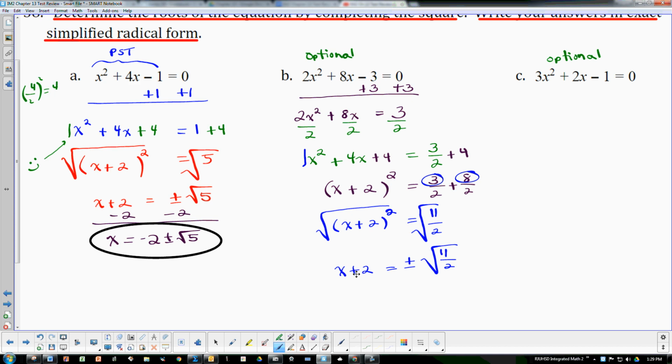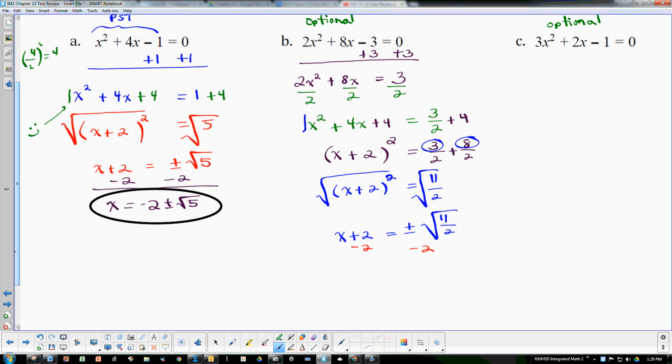But we've got to get this x alone, so let's subtract 2. And we're left with x is now equal to -2 plus or minus the square root of 11 halves. And you may leave it like that. Those are the two roots that we have found.